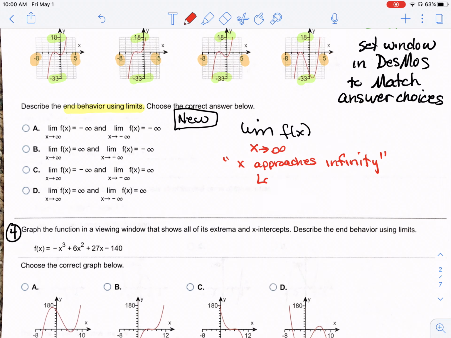What you're doing is you're looking at the far right side of the graph. So this x, we're looking at x coordinates.